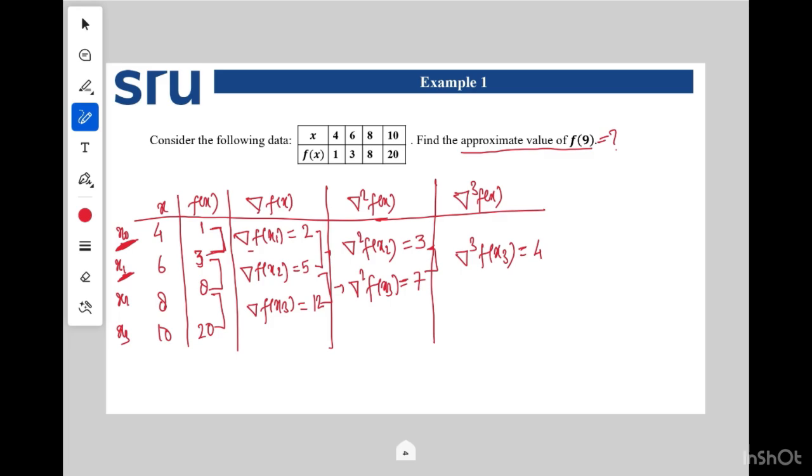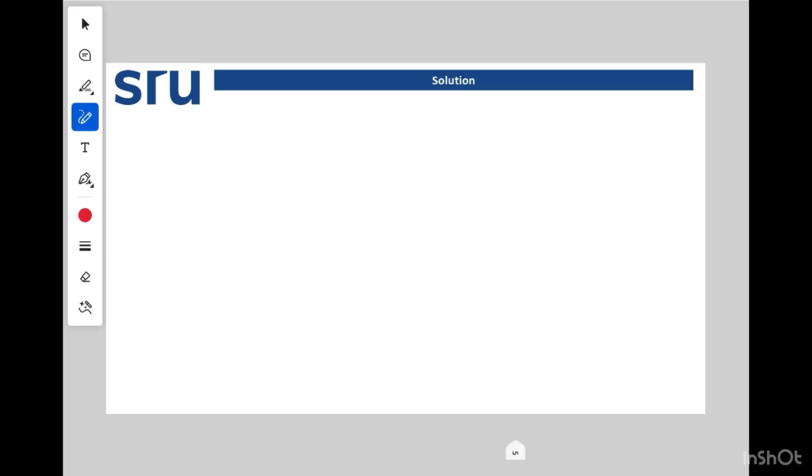Now we can use the interpolating formula, since we have del cube f of x3, del square f of x3, del f of x3 and f of x3. So now we can use the Newton backward interpolation formula.